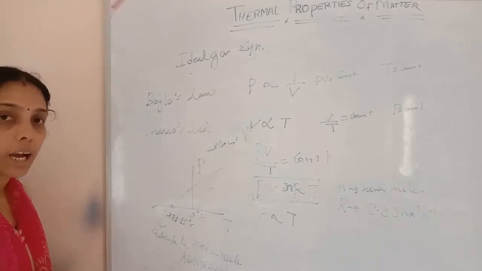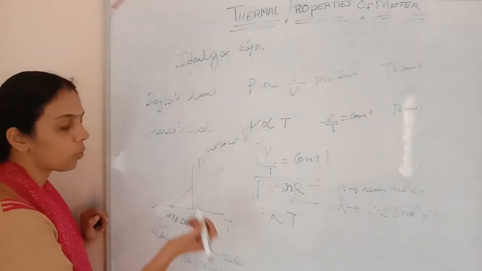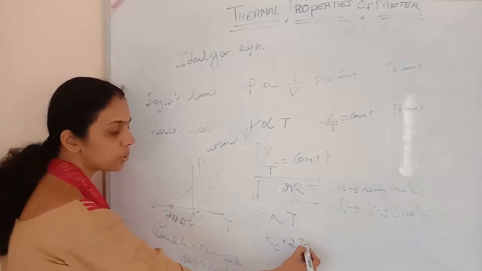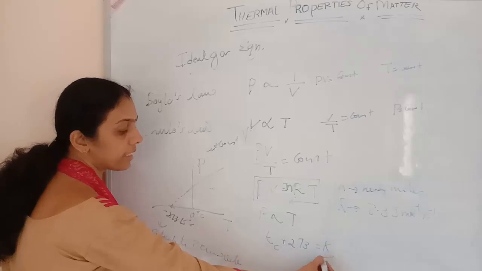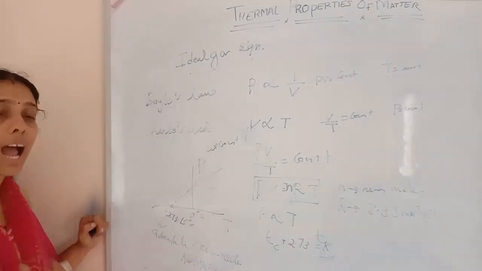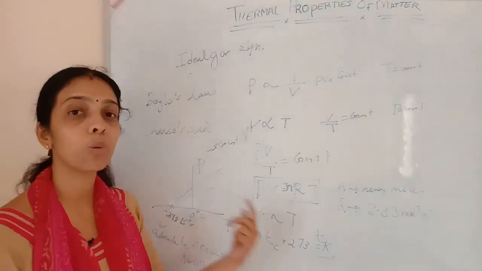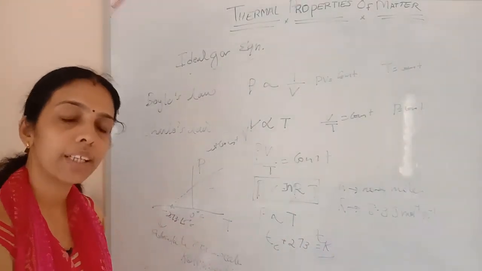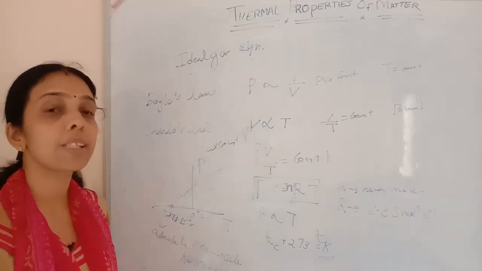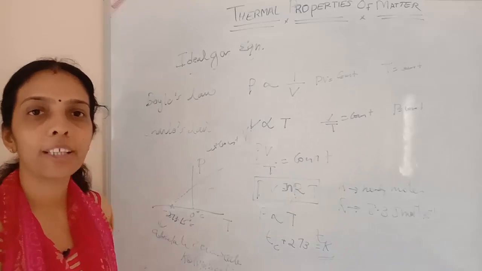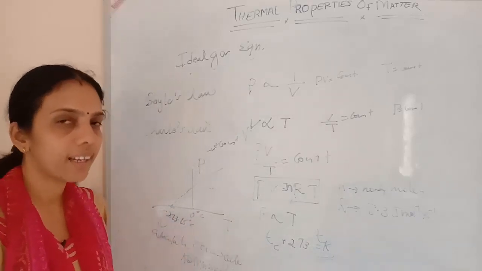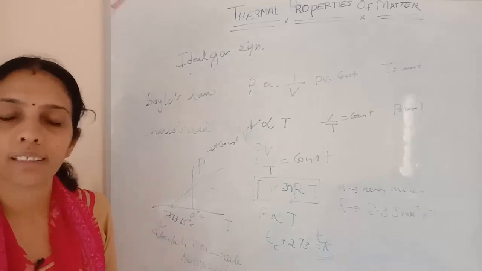To get from the degree Celsius scale to the Kelvin scale, we should add 273. Temperature on the Kelvin scale, we add 273, because minus 273.15 degrees Celsius is considered the starting point. The ice point in the Kelvin scale is 273, that is 273 Kelvin will be the ice point, and 373 will be the boiling point in the Kelvin scale.